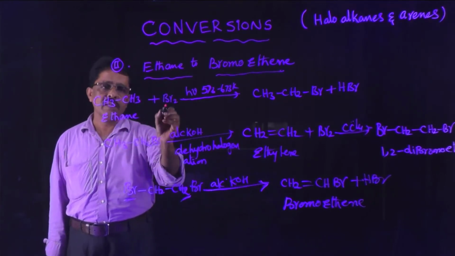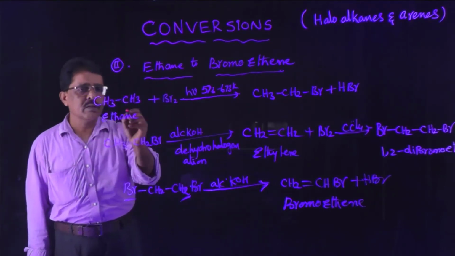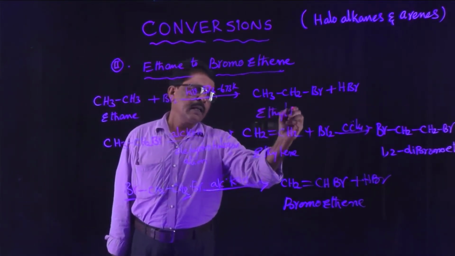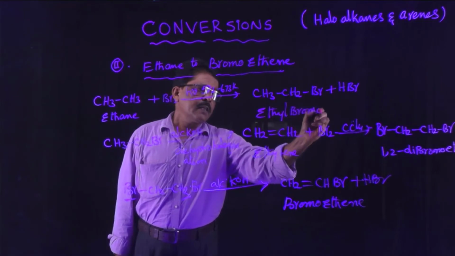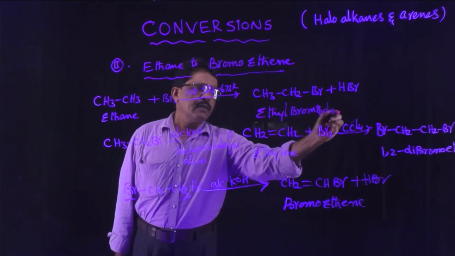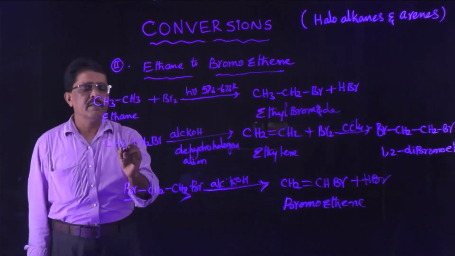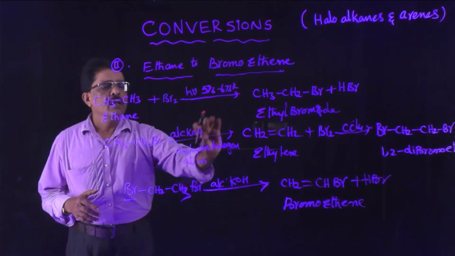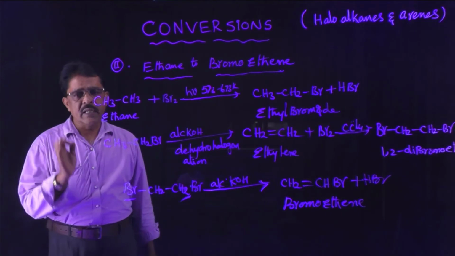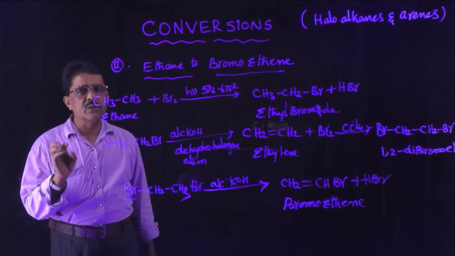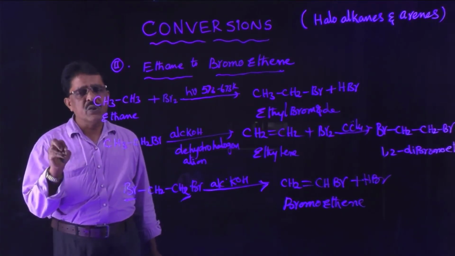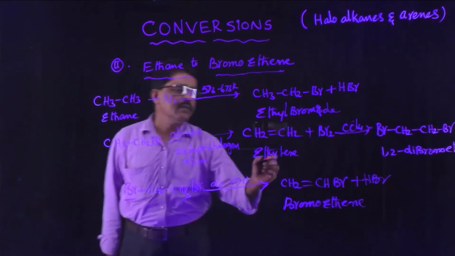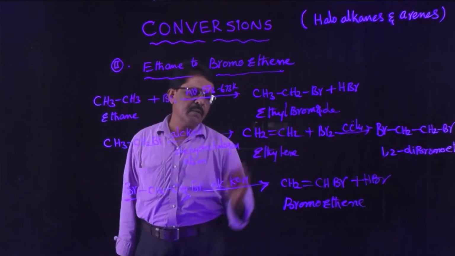Ethane is first treated with bromine to convert it into ethyl bromide. This ethyl bromide has one bromine atom and one hydrogen atom that can be removed by alcoholic KOH, the dehydrohalogenation reagent. Then you will get ethylene, the double bond compound.